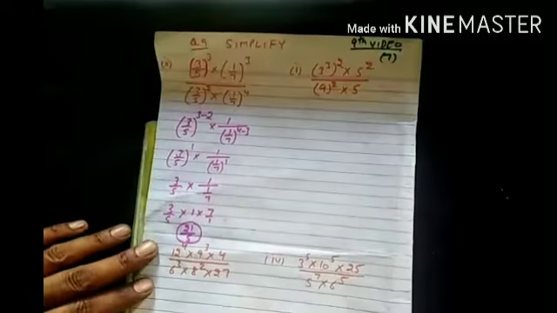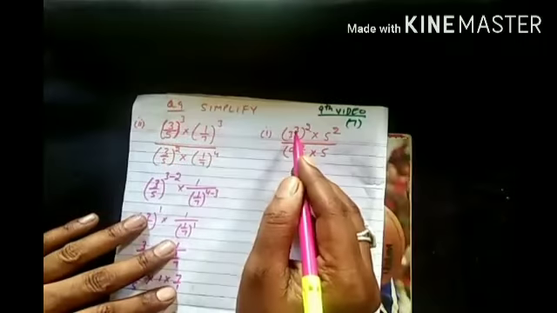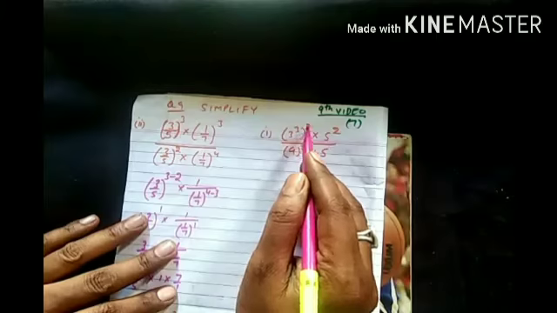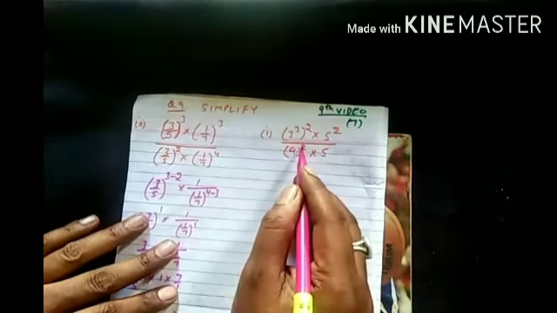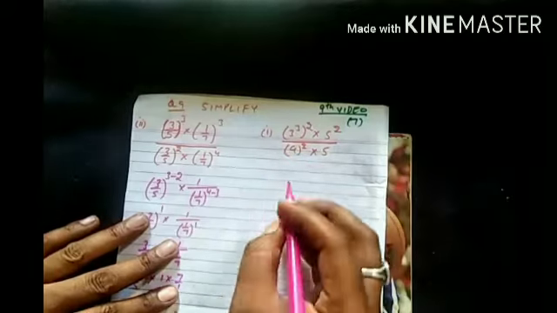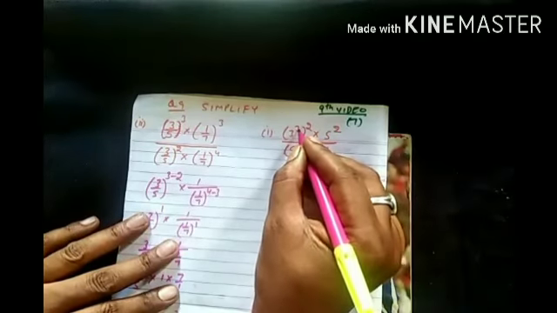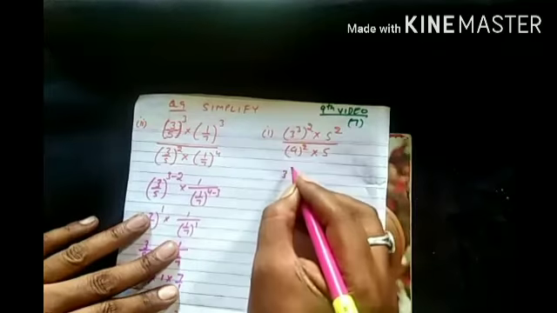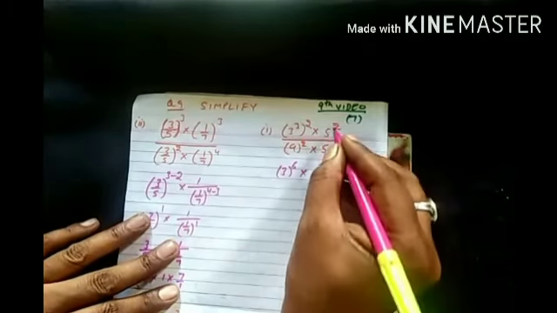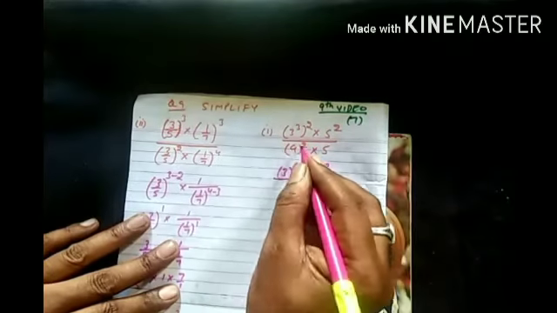This is the answer. Now, on the first part, here 3 cube to the power 2 and 9 power 2. Now I will convert this into the same base. So 3 cube to the power 2 means 3 into 2, that is 3 to the 6. Then 5 power 2 and 9 power 2.